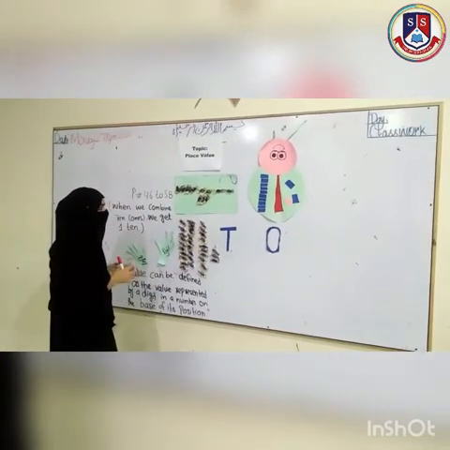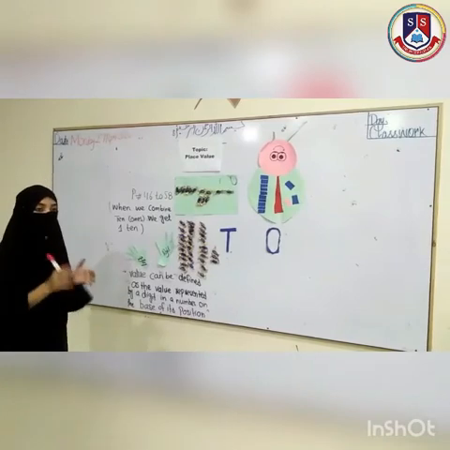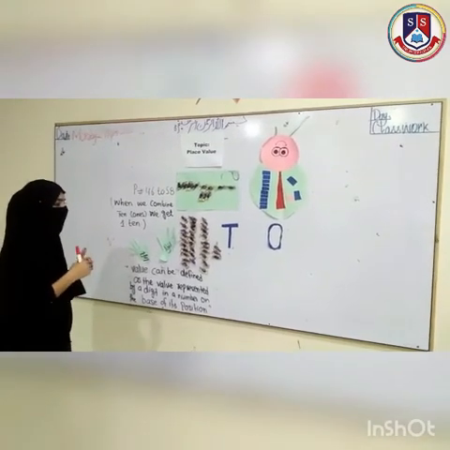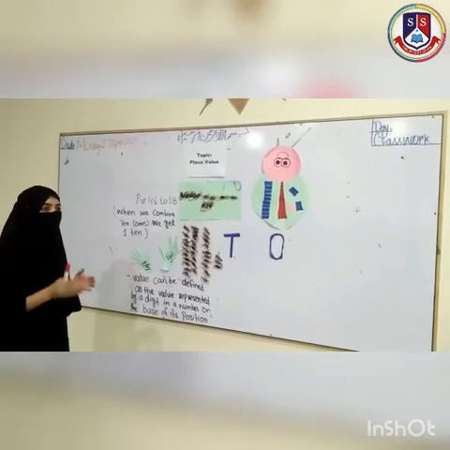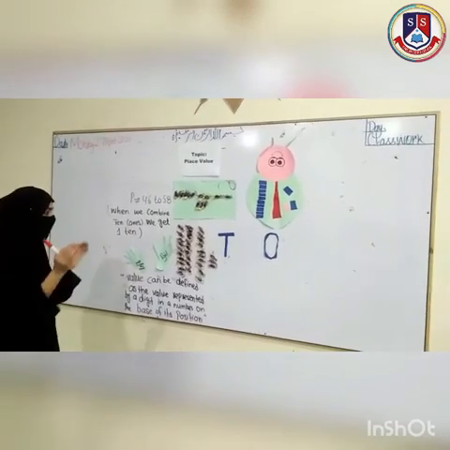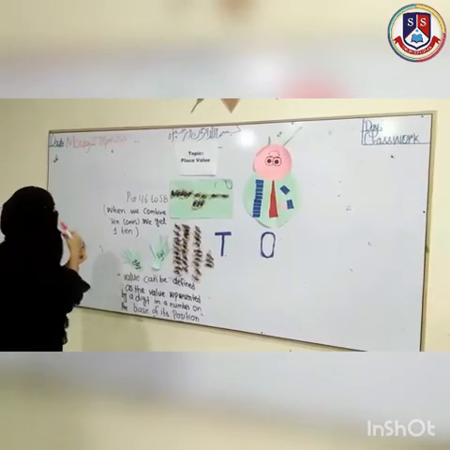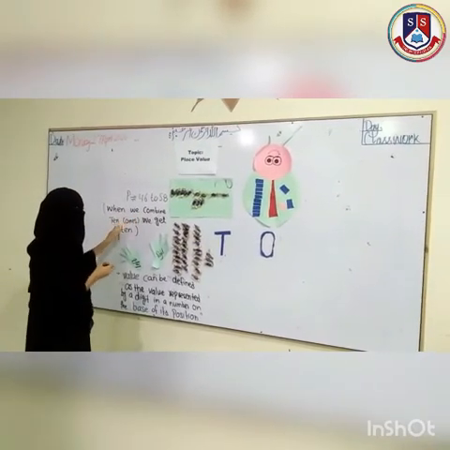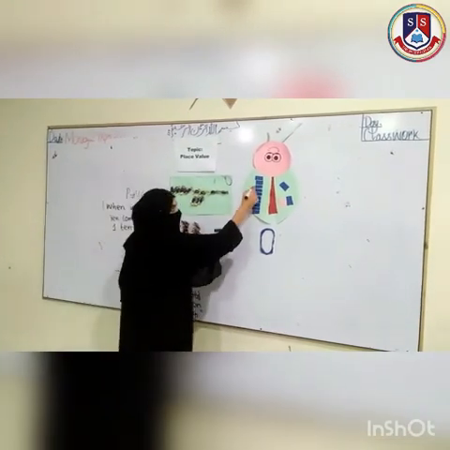What is ones and what is tens? Ones are separate. They are representing separate values. And tens, when we combine 10 ones together, we get 1 ten.